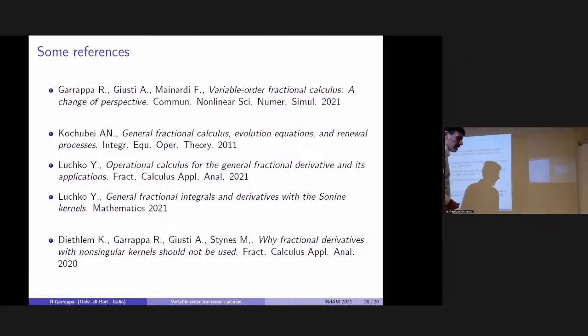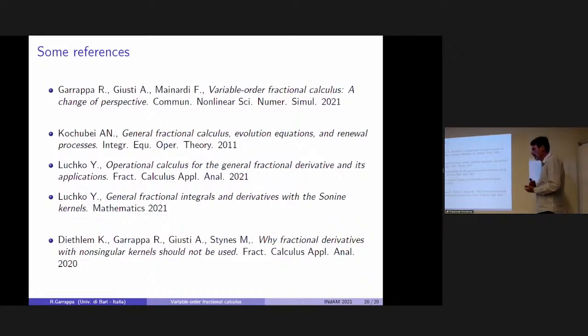Okay, the question is quite long. I can summarize. The main concern is from Kai Dieter. Yes, thank you, Kai, for attending this presentation. He asked about the possibility of a semigroup property.